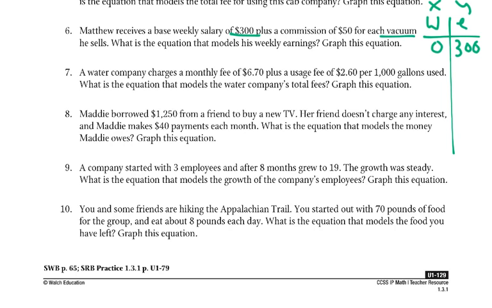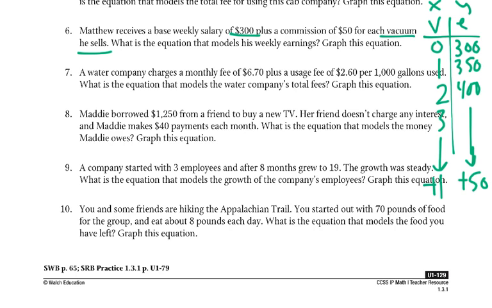And then every time he sells a vacuum, so I guess this really isn't weekly, is it? It's vacuums, how many vacuums he sells. So if he sells a vacuum, he'd add $50, so it'd be $350. 2, he'd add 50, 400.